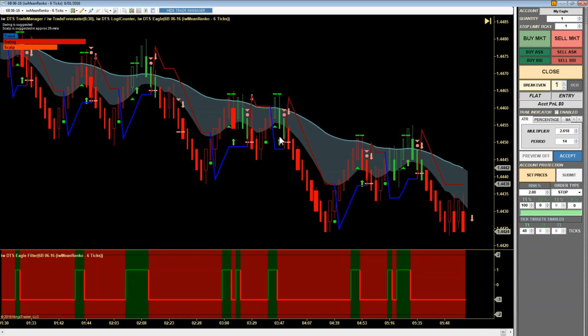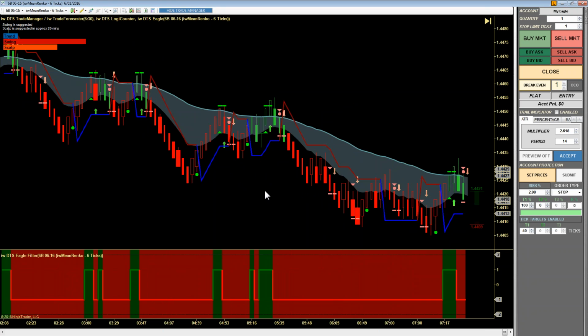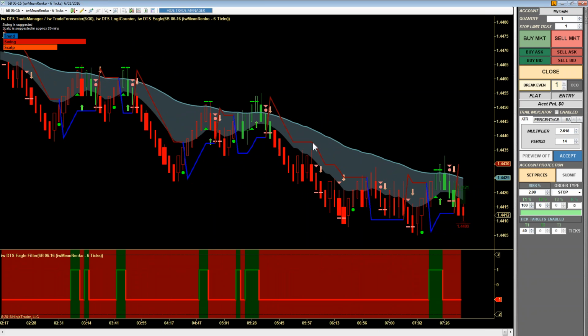We've got a green bar with a sell signal. That is a high probability signal. If it were in an uptrend, it would be a red bar with a buy signal. But we're in a downtrend. You can see green bar sell, good follow through. Green bar sell, good follow through. Green bar sell, follow through. So that's a signal that you can take with a great deal of confidence.